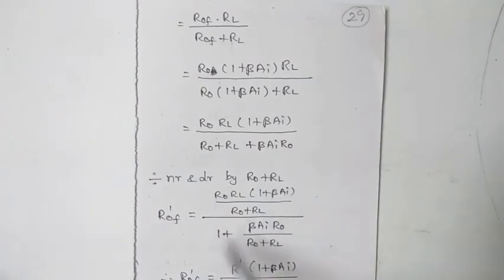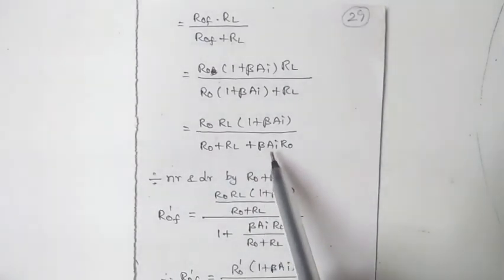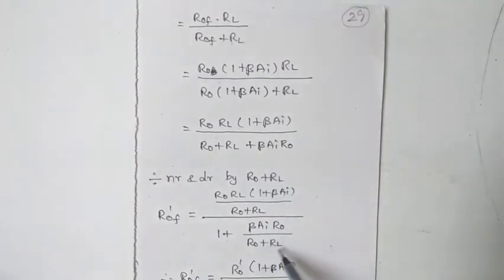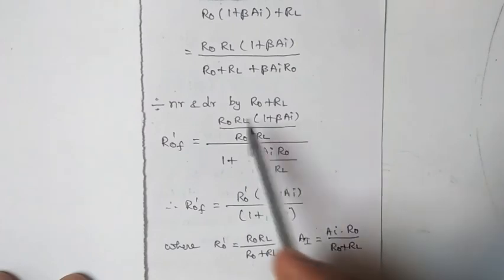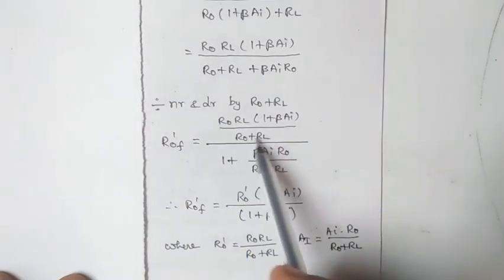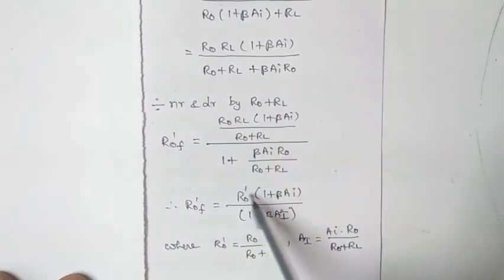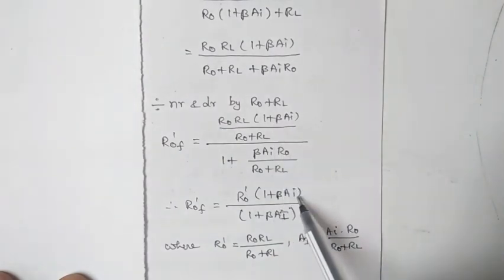To simplify the equation, ROF dash is equal to R0 RL by R0 plus RL into 1 plus beta AI in the numerator. In the denominator, these two get cancelled by 1, hence we have 1 plus beta AI into R0 by R0 plus RL. Now this entire term R0 RL divided by R0 plus RL can be rewritten as R0 dash. The remaining term is 1 plus beta AI.